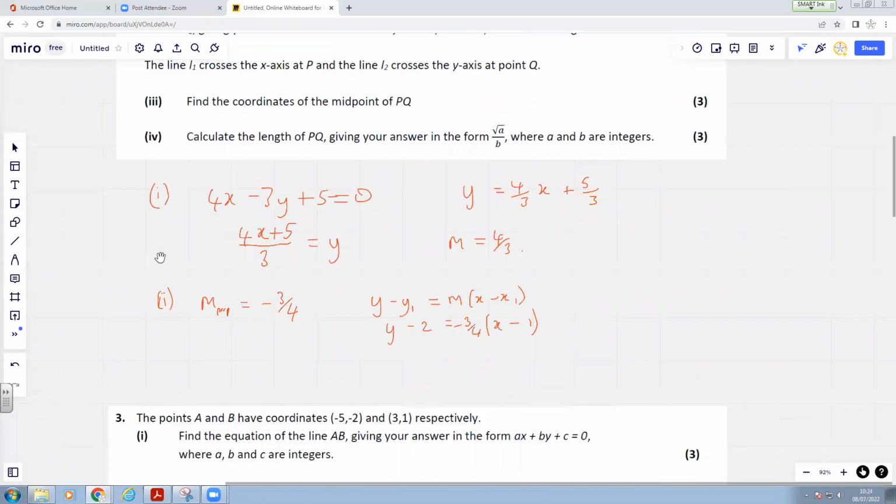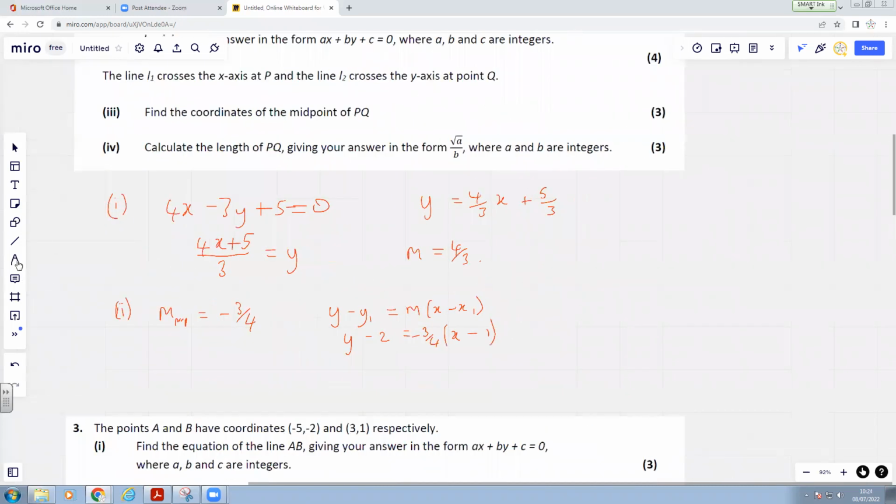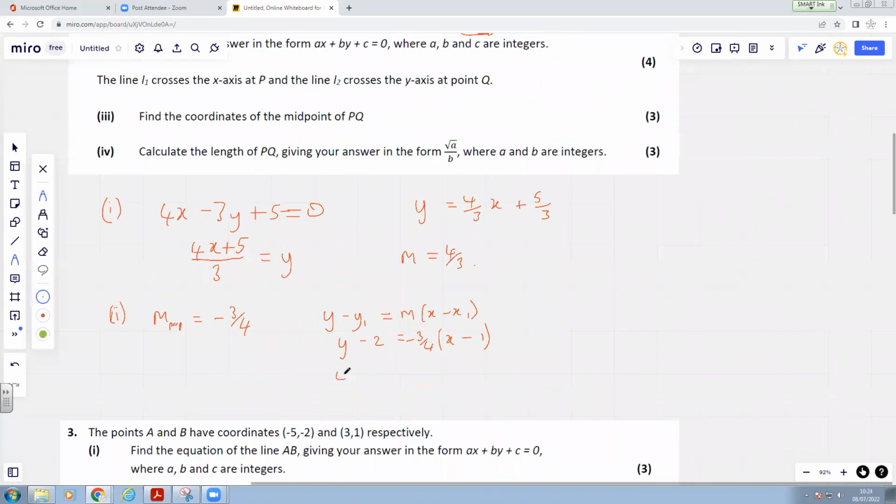And then I simplify that, rearrange it. I'm going to times it all by 4, so 4y minus 8. I'm going to times minus 3 into the brackets as well, minus 3x plus 3. And so I end up with 4y plus 3x minus 11 equals 0. And if you had minus 4y minus 3x plus 11 equals 0, that's also correct.